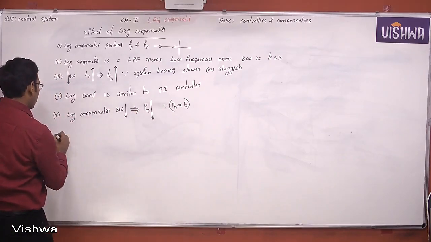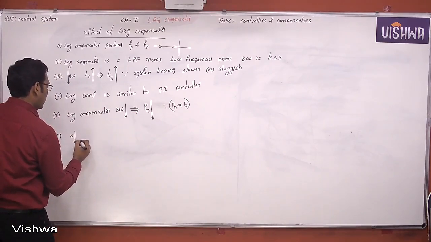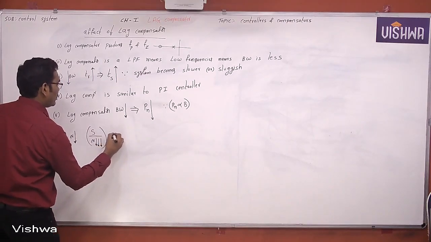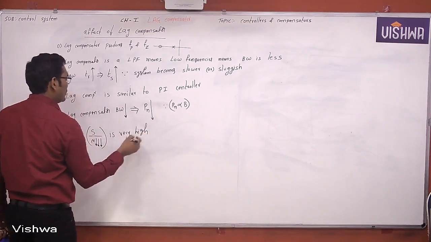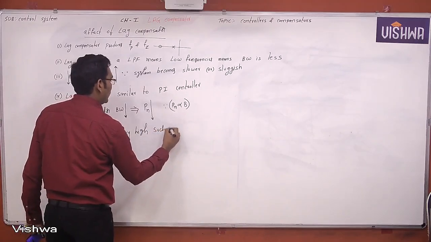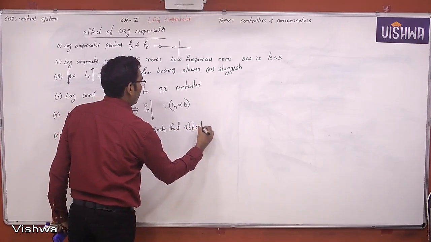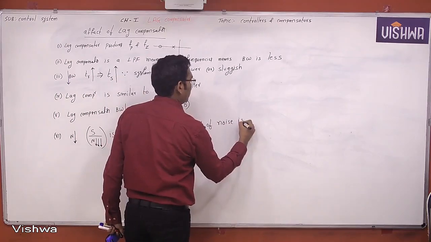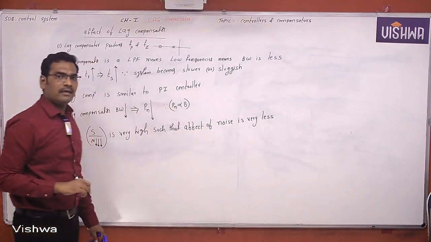When noise power decreases, the signal to noise ratio is very high. When the signal to noise ratio is very high, the effect of noise is very less.